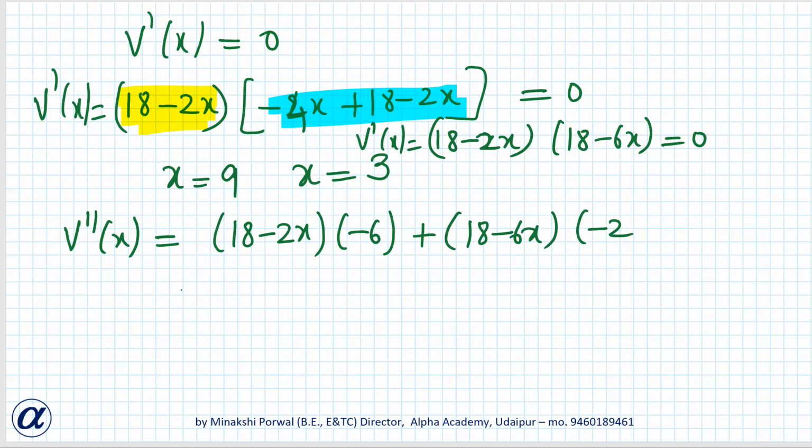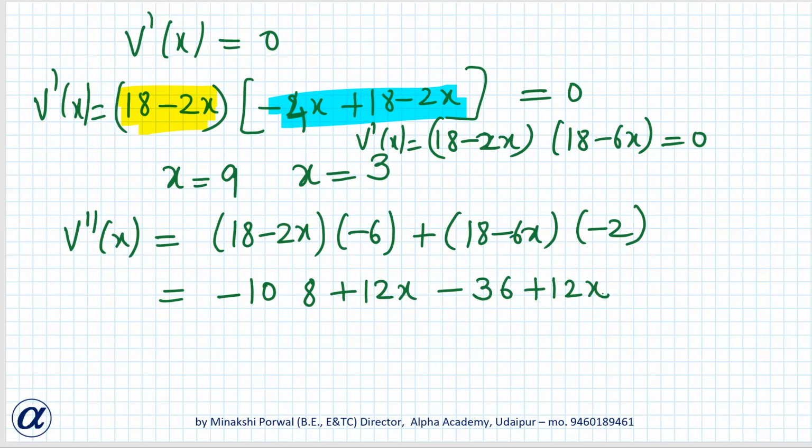So that is equal to minus 6 into 18, that is minus 108, plus 12x minus 36 plus 12x.